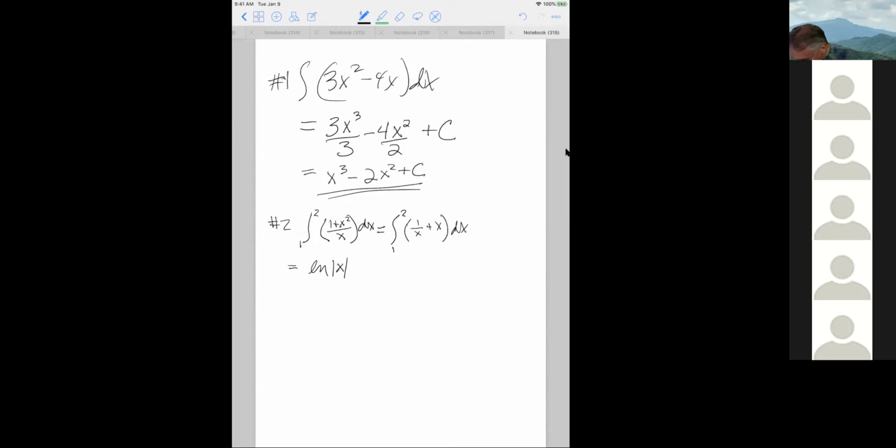And as a result, that's the first term, plus the antiderivative of x to the first. So raise it to the second power and raise the power by 1 and divide by that new power. The a and the b are being integrated over 1 to 2. All right? So this is part of the solution.